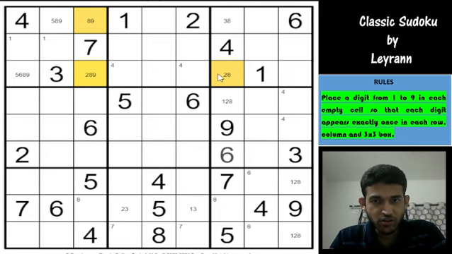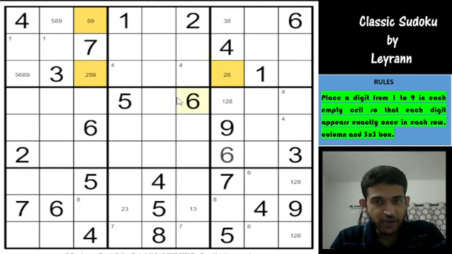So in this case, you will notice that 2, 8, and 9 are the digits, and in one cell you have 2, 8, and one of the cells you have all the 3 candidates, which acts as the pivot cell. And by pivot I mean a cell which is common to other cells. So this is the pivot cell, and one other cell which is having YZ. So if you call X as 2 and Y as 8, this is XY, this is XYZ, and this is Y and Z.